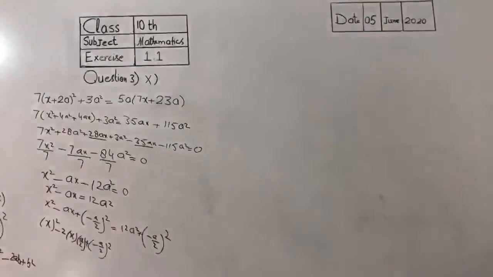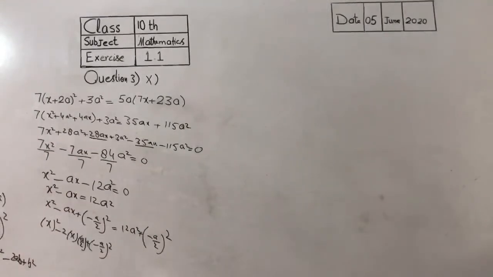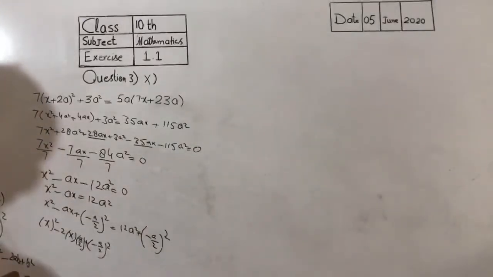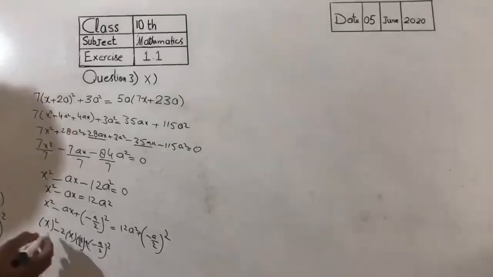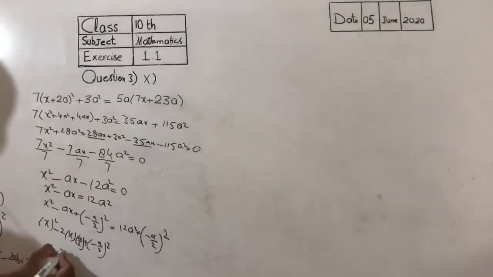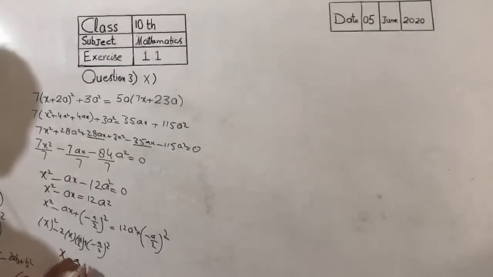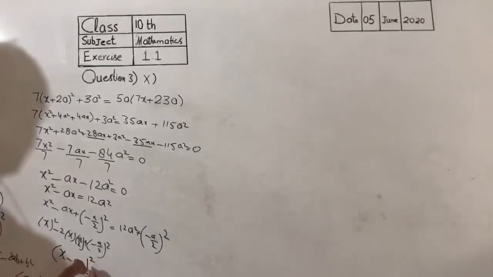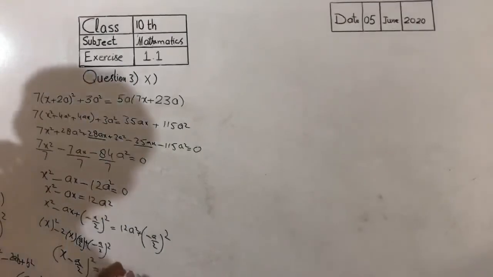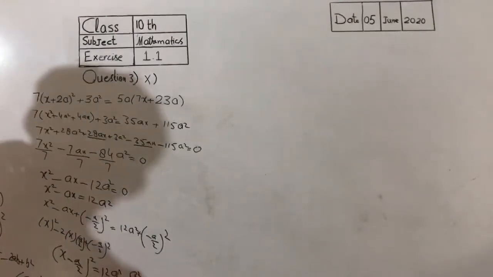When we write a square minus 2ab plus b square in complete form, we get (a minus b) whole square. So it can be written as a complete square in the form of (x minus a over 2) whole square is equal to 12a square, and here we get plus, when we take square of minus a over 2, we get a square over 4.